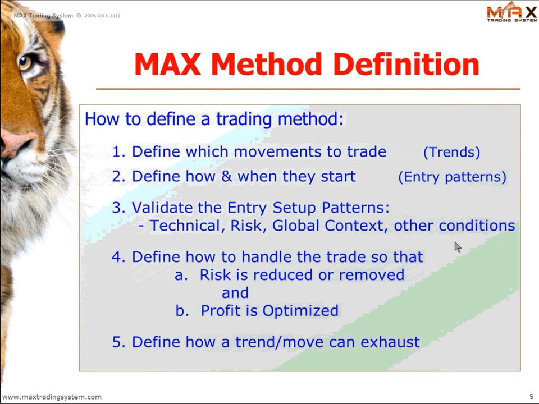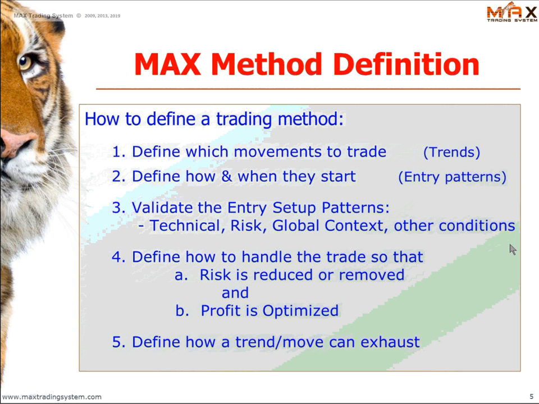By global context, I mean all the elements which may influence the price movement in the specific markets we are trading. And so in the global context, we will include, for example, some geopolitical events. For example, it's clear that for 3 years now, the Brexit influences the pound and the pound pairs.